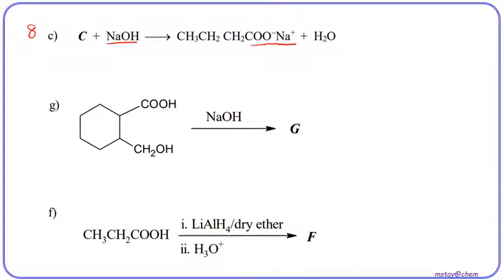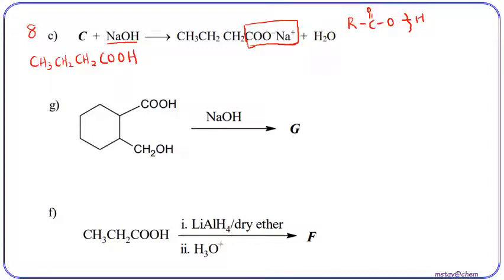Roughly, we know the structure of C consists of CH3, CH2, CH2 maintained, and then this part COO negative and Na plus. As we mentioned just now, the bond will break between the O and H. So you imagine that you take out the Na plus and replace it with the hydrogen.